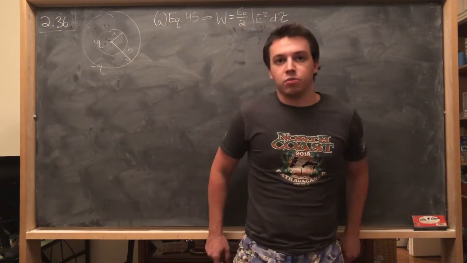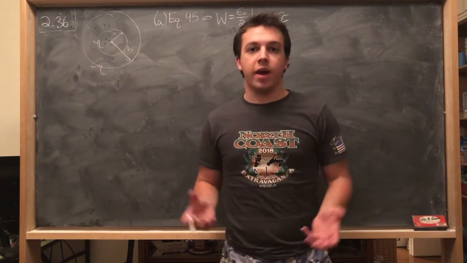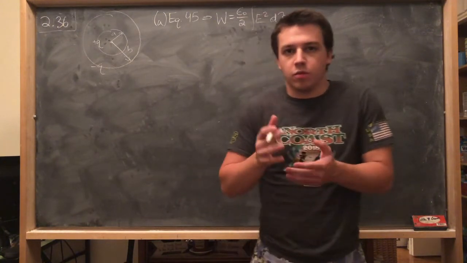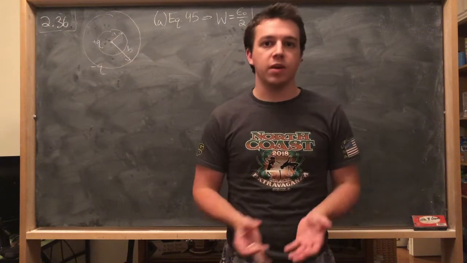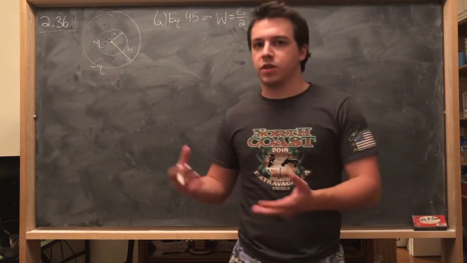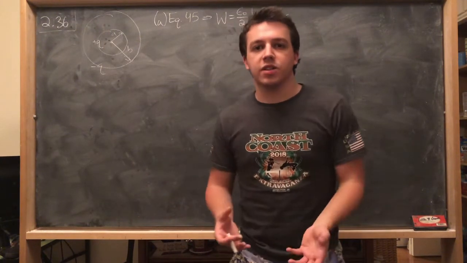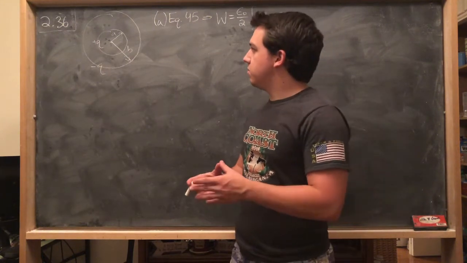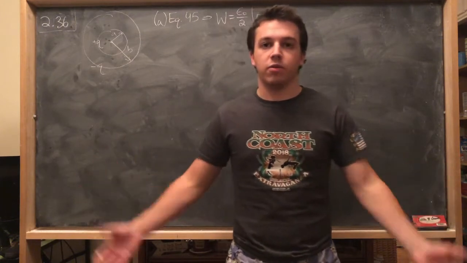When you come into a problem, you should assess what you're trying to find and what you have at your disposal. Over the course of chapter 2, Griffiths will give you a bunch of different equations, different things to put in your toolkit, like, for example, Coulomb's law, Gauss's law, the divergence and the curl of the electric field, stuff like that. And then you can use that stuff to motivate an easy to do solution for whatever it is you're trying to find.